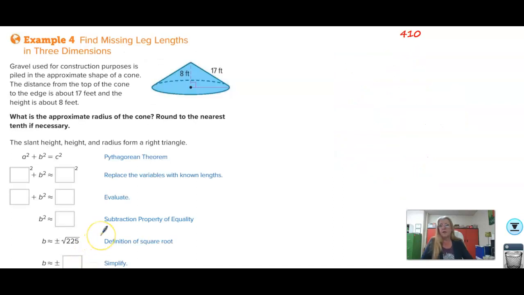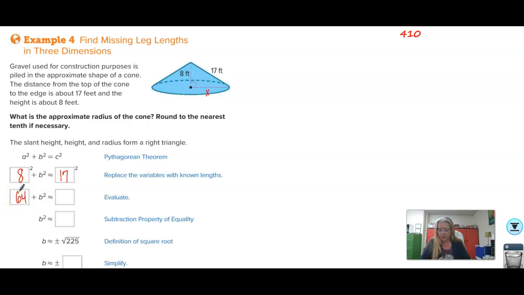Okay. All right. And then they're going to give you cones and stuff. They like to give you Pythagorean Theorem cones. They've drawn the triangle for you though. It's right here and here. This is the hypotenuse. This is a leg. This is the other leg we don't know. So we take the leg we do know and put it in there. B represents the leg we don't know. 17 is the hypotenuse, so it goes over here. 8 squared is 64.